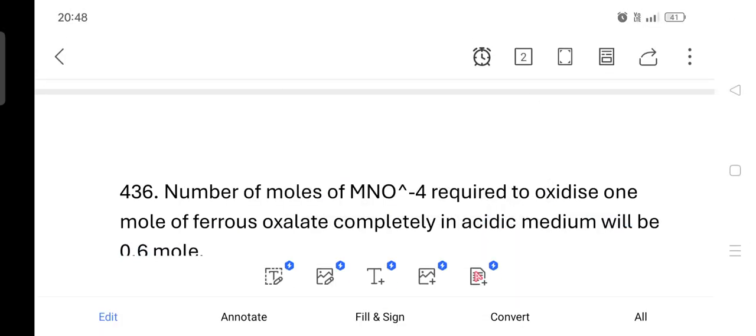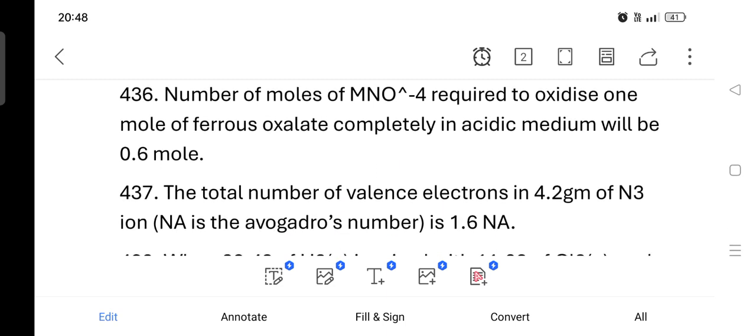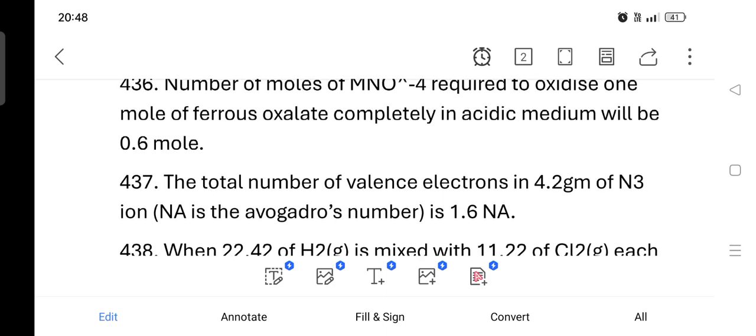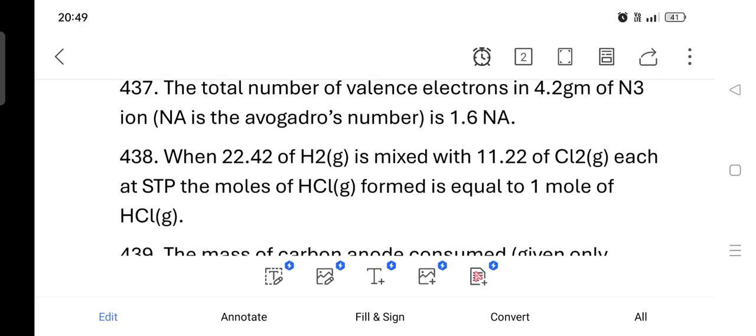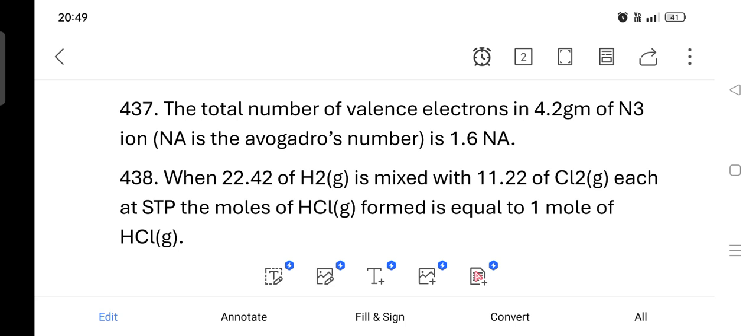The number of moles of MnO4^- required to oxidize 1 mole of ferrous oxalate completely in acid medium will be 0.6 mole. The total number of valence electrons in 4.2 grams of N3^- ion, NA being Avogadro's number, is 1.6 NA.